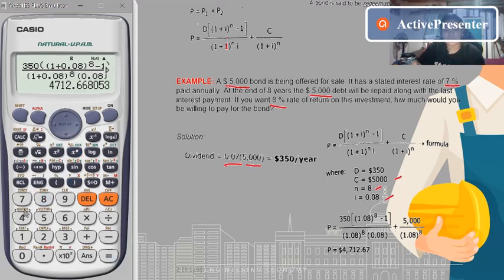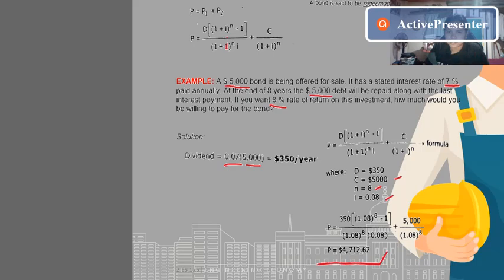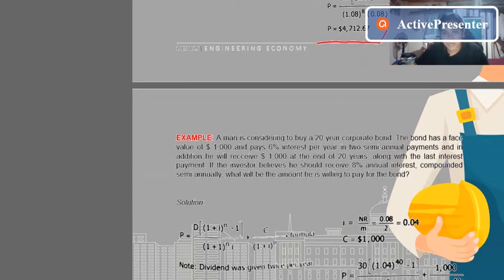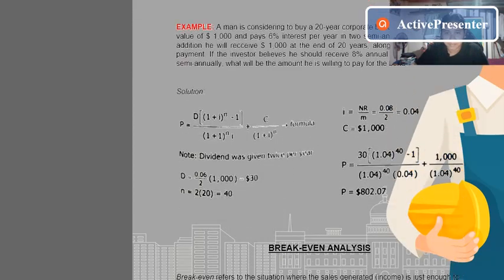So, our P will be 4,712.67 US dollars. This will be our final answer. Understood? Let's proceed to another example to understand better.